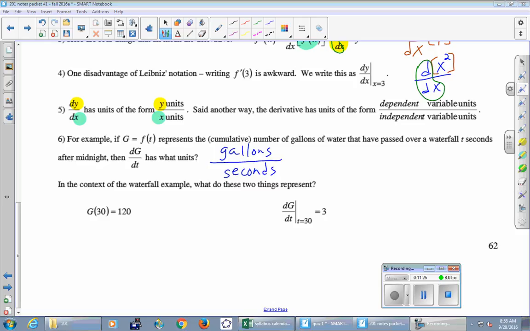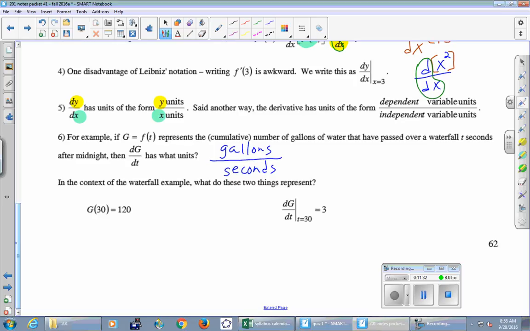So in the context of the waterfall example, what do these two things represent? G of 30 equals 120. We'll start there. 30 what? 30 is the T, right? It's the input. So that's 30 seconds after midnight. What are the units for the 120? 120 gallons.